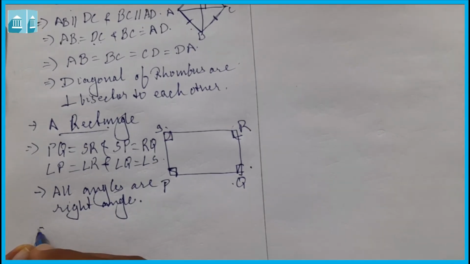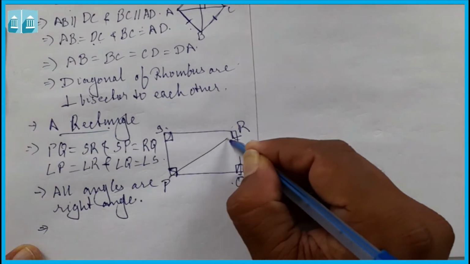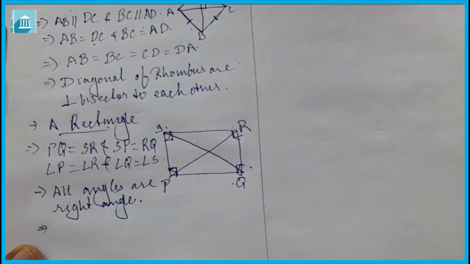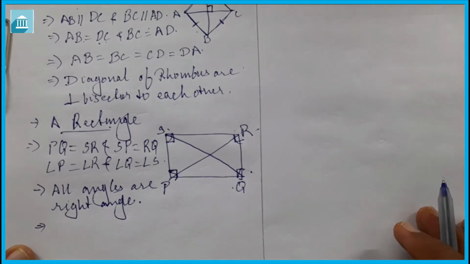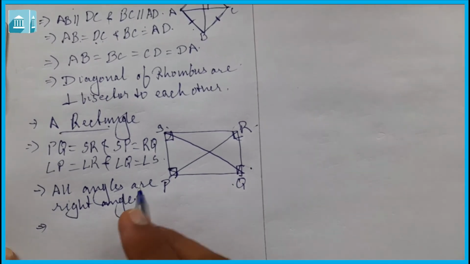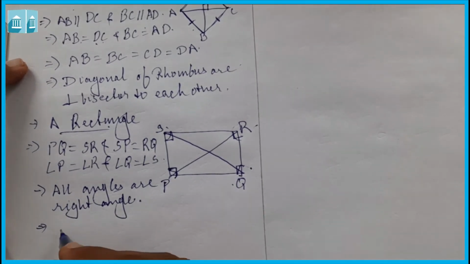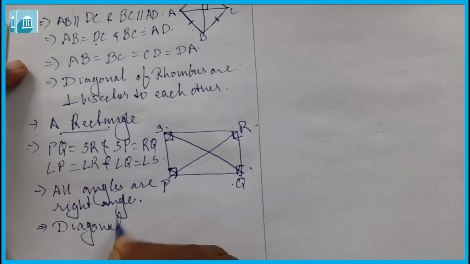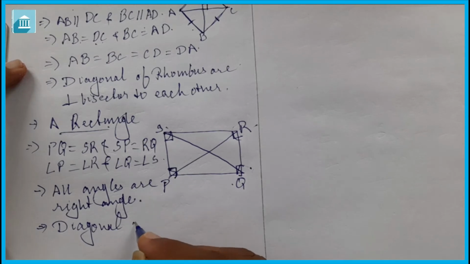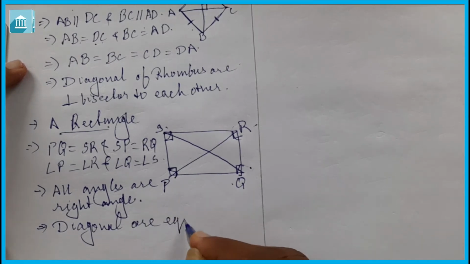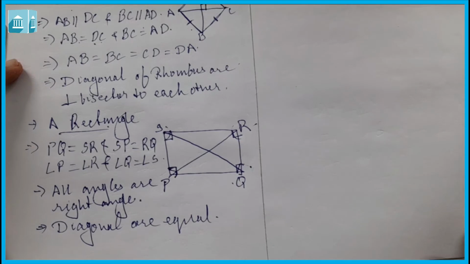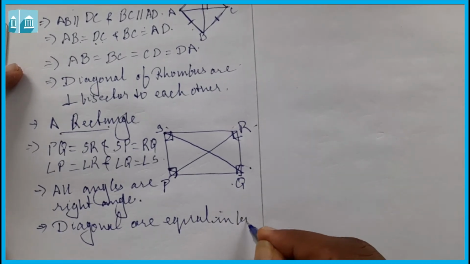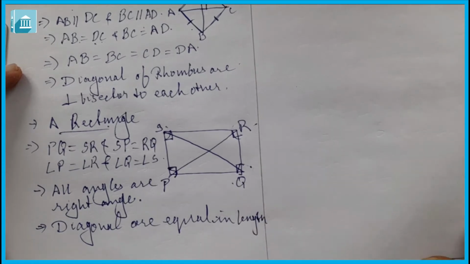Another property is regarding diagonals. If you draw a rectangle and draw the diagonals and observe, we can find that the diagonals are equal in length.